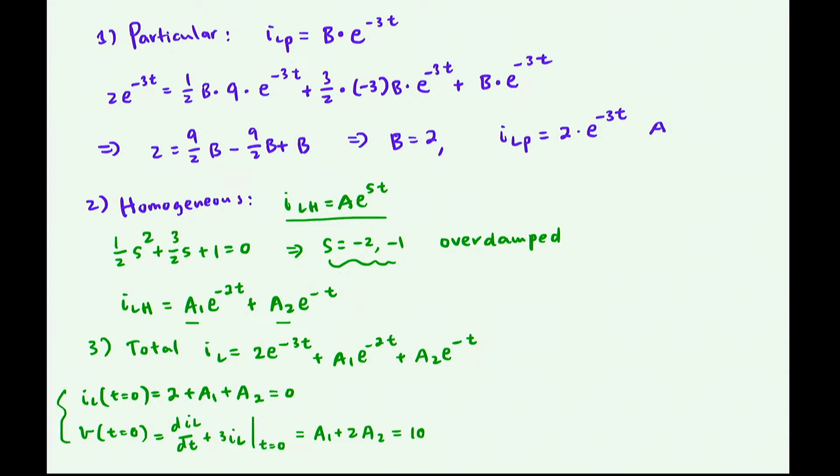Okay, so by using these two initial conditions, we have A1 equal to -14, A2 equal to 12. So that gives us a total solution of 2 times exponential -3t, minus 14 exponential -2t, plus 12 exponential -t amps, when t greater than 0.